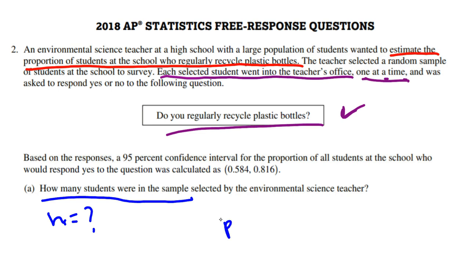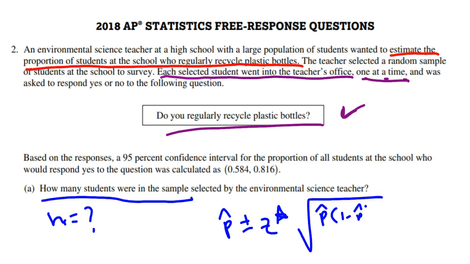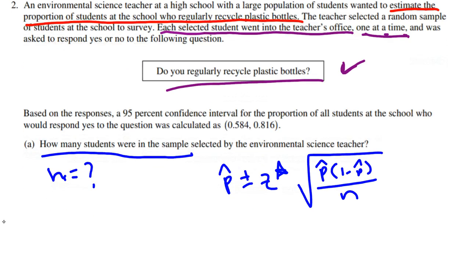We know it's going to be p hat plus or minus z star times the square root of p hat times 1 minus p hat over n. We know it's a one proportion z interval, one sample here, and we even know what the starting and ending numbers are.